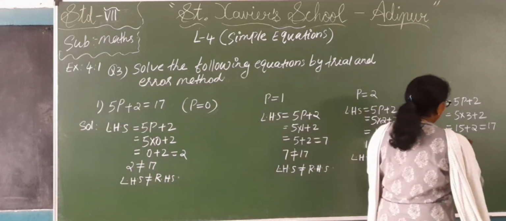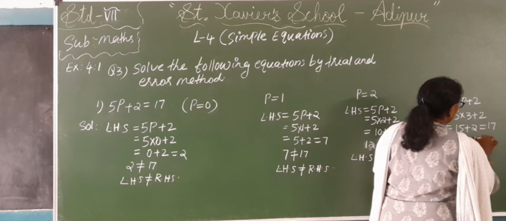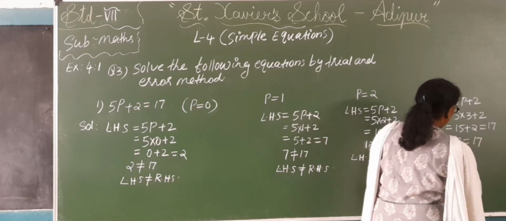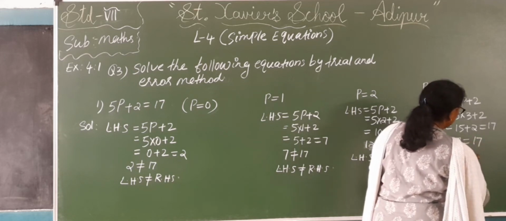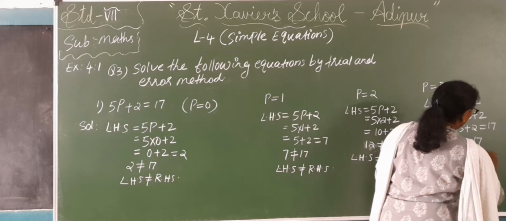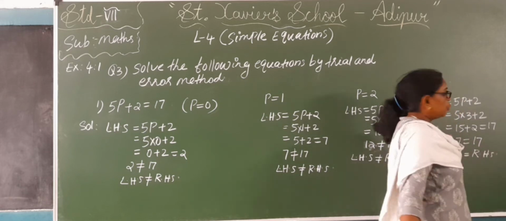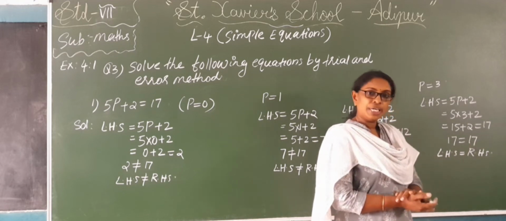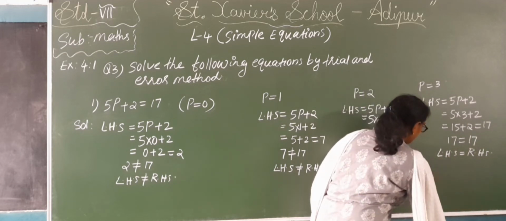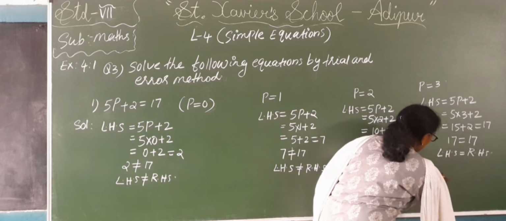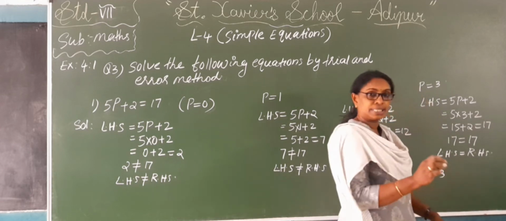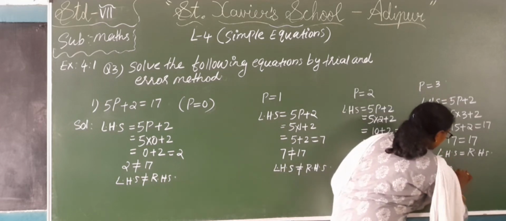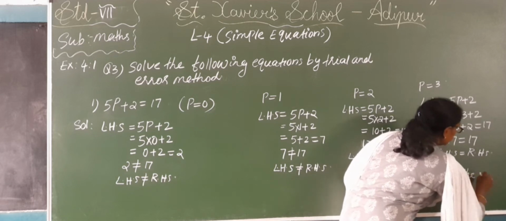Okay, so 17 is equal to 17. LHS is equal to RHS. Therefore, p is equal to 3 is the solution.